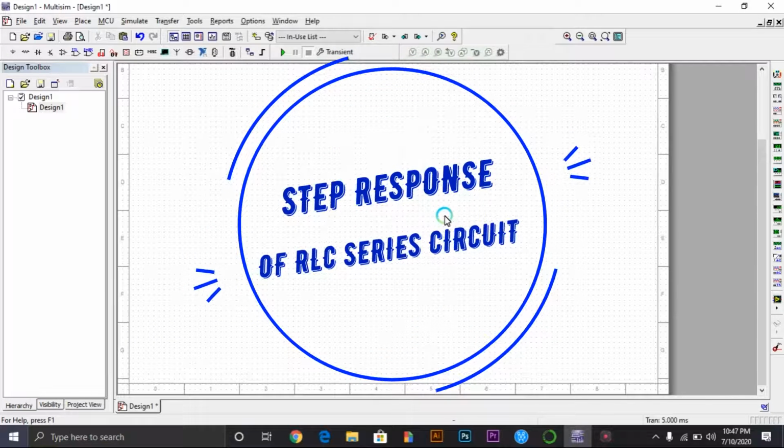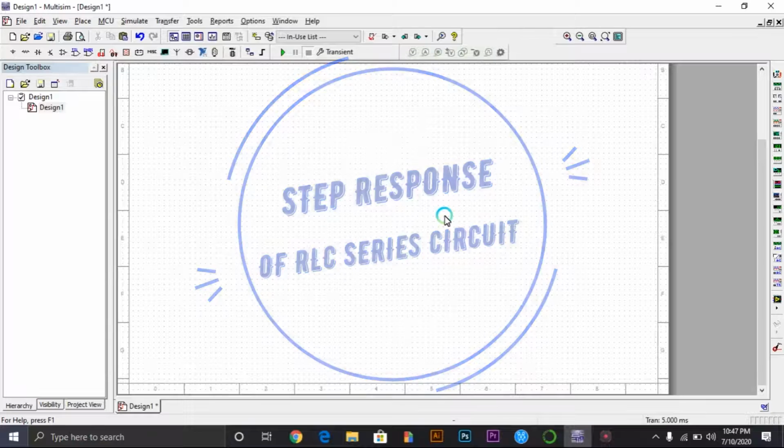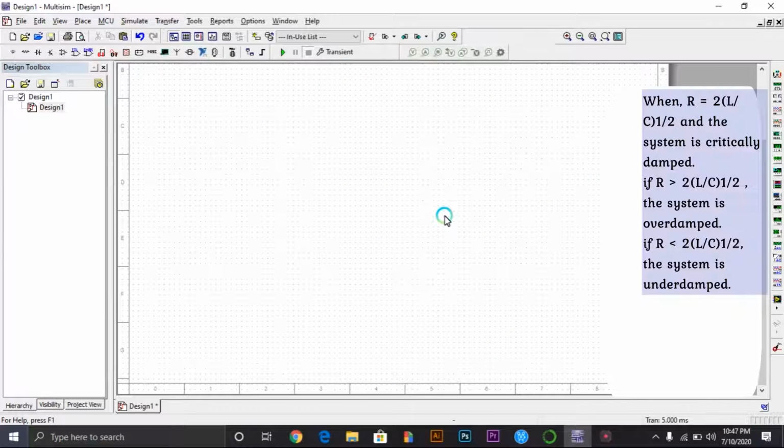Now let's talk about the step response of an RLC circuit. In such step response, we are taking the power source, DC power source, to analyze our circuit. Let's draw the series RLC circuit to find the step response.